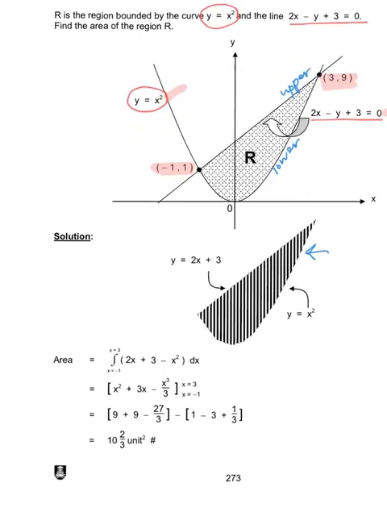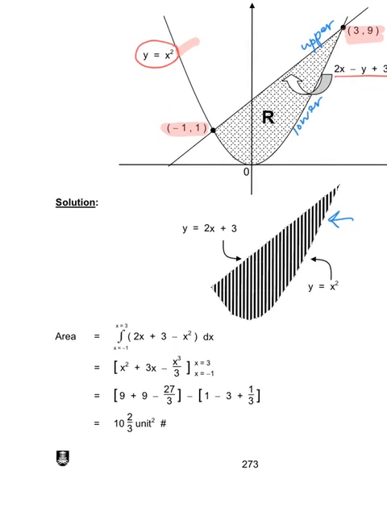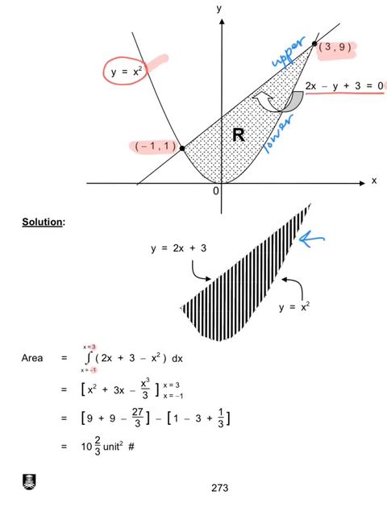Back to this: our area will be the integration from x equals -1 until x equals 3. That will be your a and b value. Then we need to decide f(x) or g(x), the upper and lower function. The upper function will become this straight line, 2x minus y plus 3.